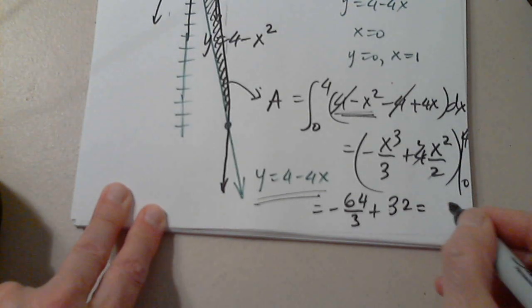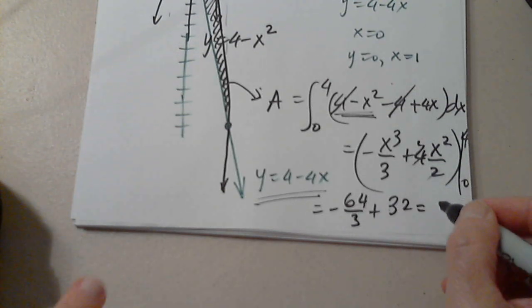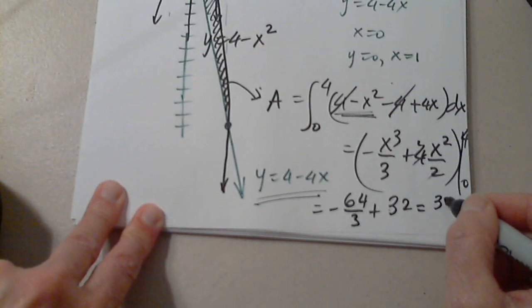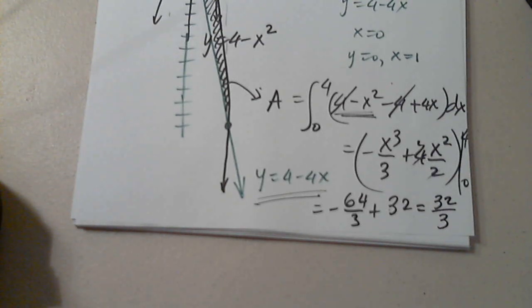That's 96 minus 64, so I think I get 32 over 3. And we will check this in a minute. Is 96 minus 64 equal to 32? I think it is.